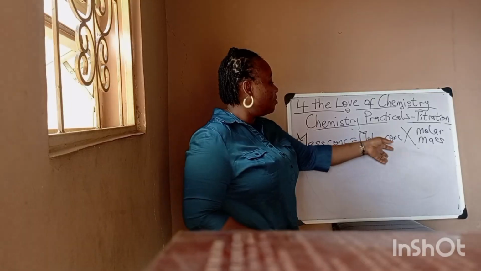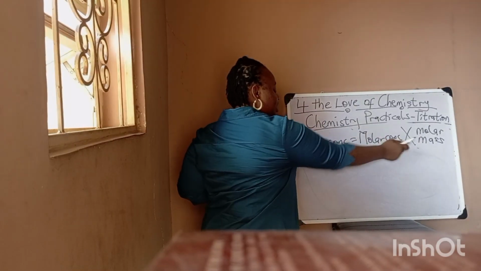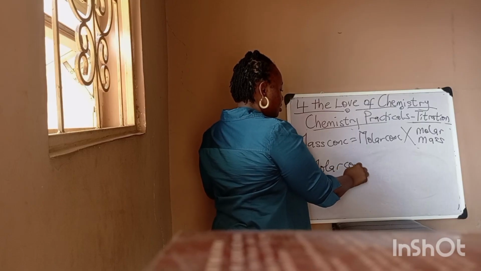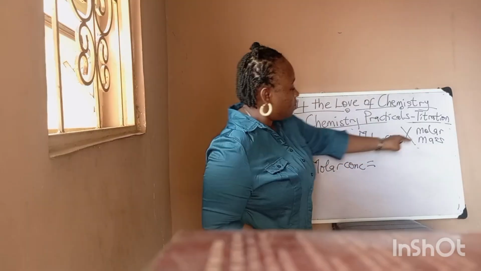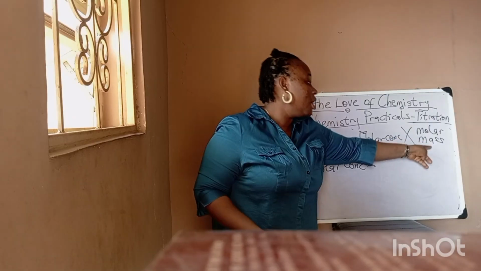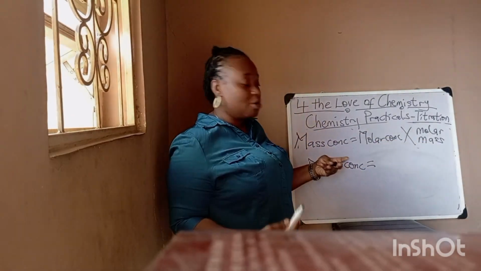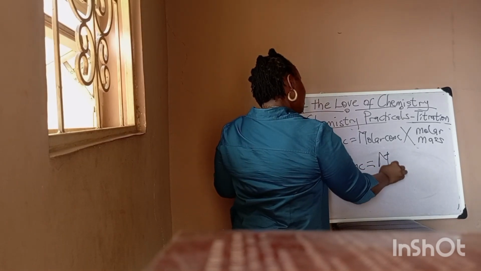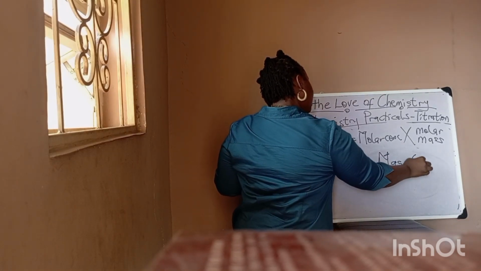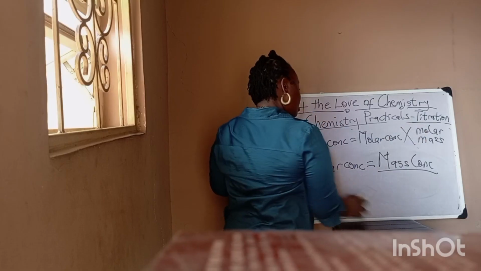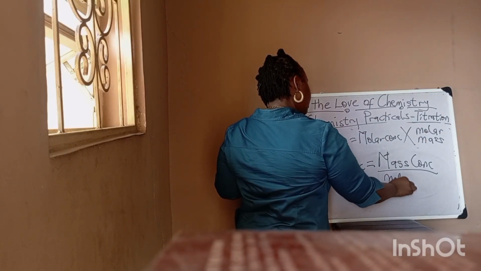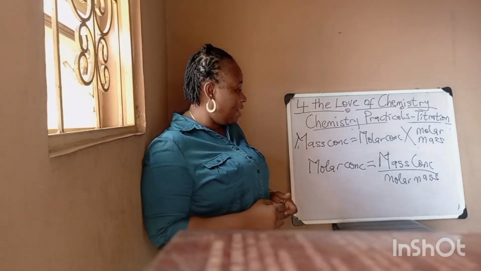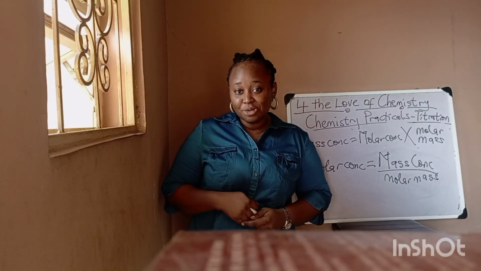In case we are looking for molar concentration, we first write molar conc equal to whatever. Of course this is multiplication, so if this crosses the sign of equality, it becomes division. So molar conc equals mass conc all over molar mass. This is the formula for molar concentration.